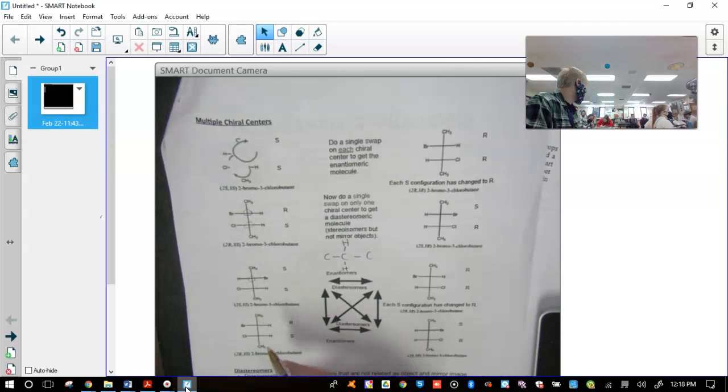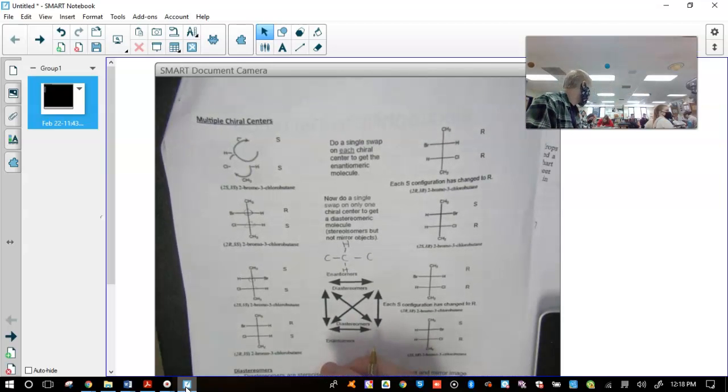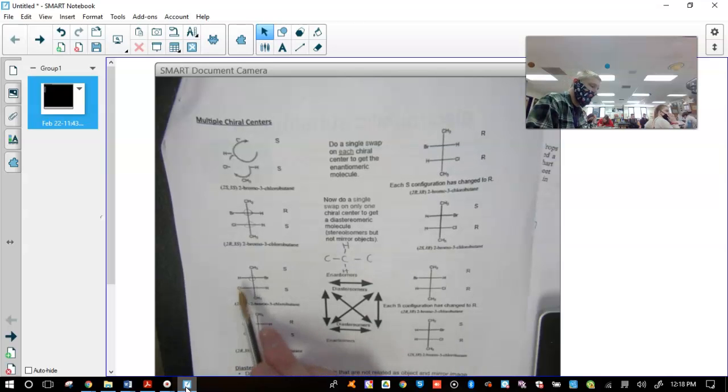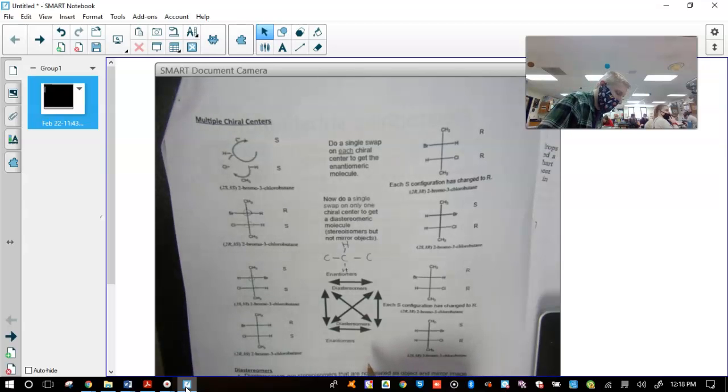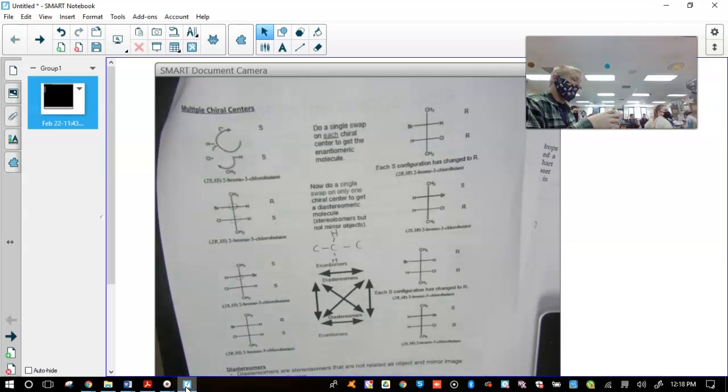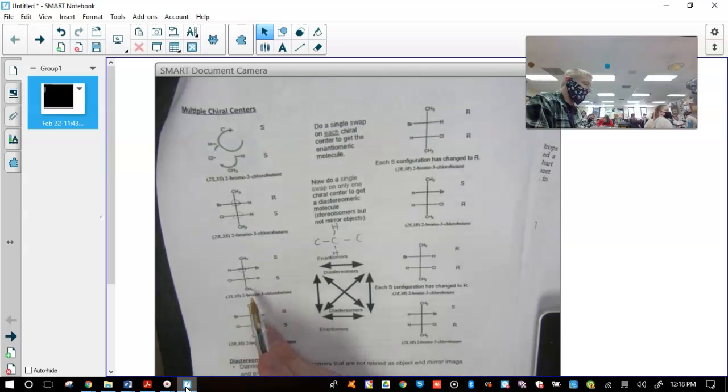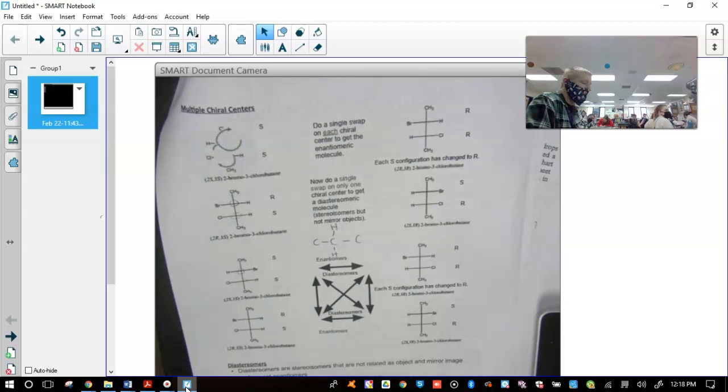When you have more than one chiral center, now you have more than 2 optical isomers. So you've got this variation, that variation, that variation, and you might be able to have a few more. The number of optical isomers increases exponentially with each extra chiral center, which is why biochemistry is so difficult, and why you can have millions and millions of different types of organic molecules, including amino acids.